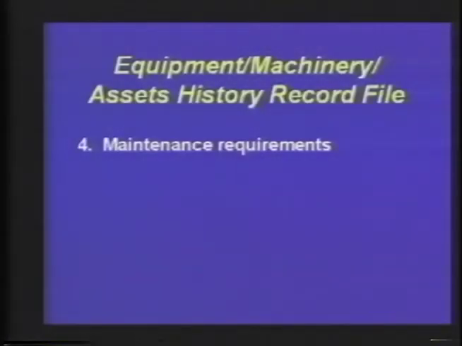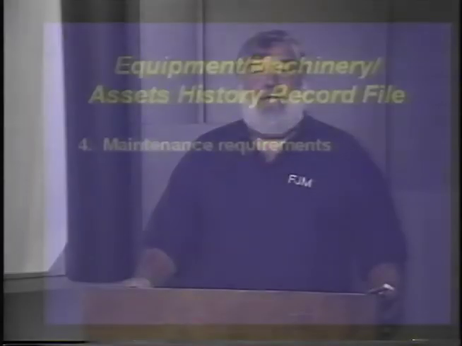The maintenance requirements under step 4 or item 4 would pertain to all of those maintenance requirements that are recommended by the OEM supplier. They would include all of the PM requirements, the major, the minor overhauls, and any other requirements to keep those assets in top operating condition.